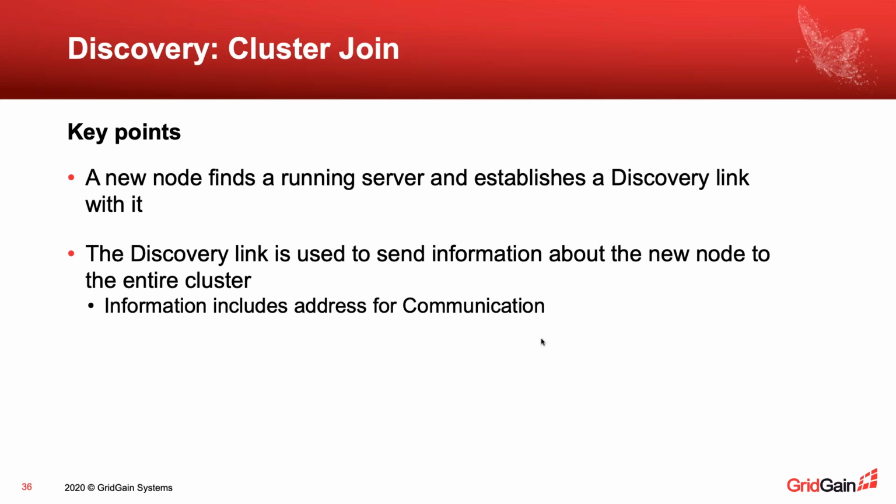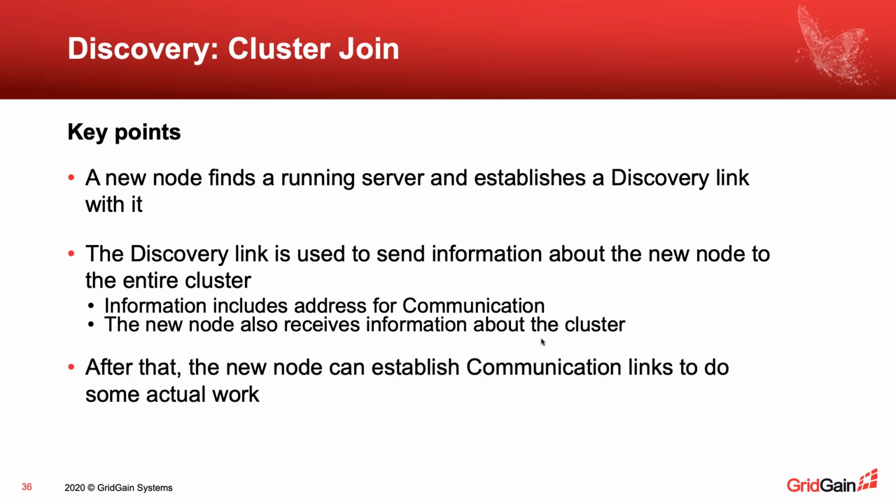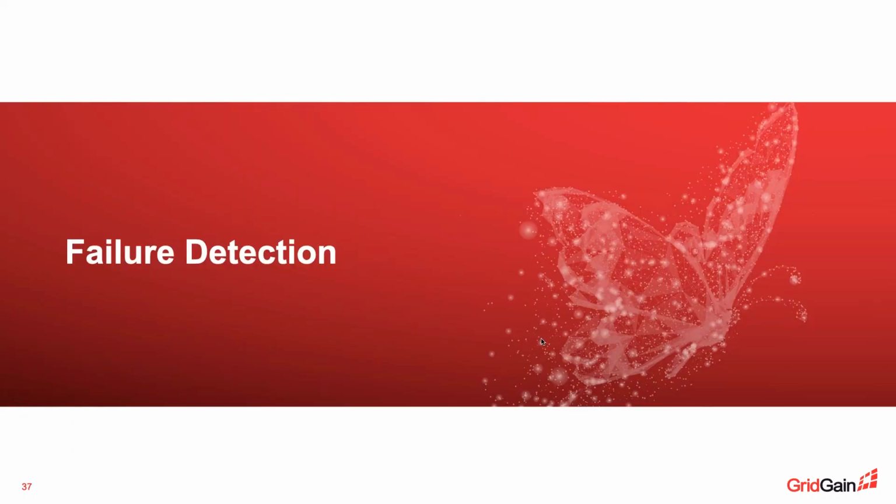And this information, most crucially, includes the communication addresses and the info on how to connect to the cluster nodes with communication. And now after that, discovery, in this way, bootstraps us to start doing some actual work with the communication component. And this is how cluster join and connecting to the cluster works in Apache Ignite.